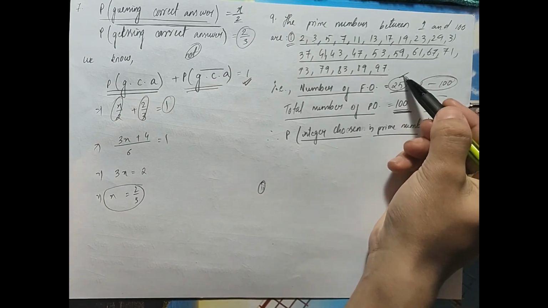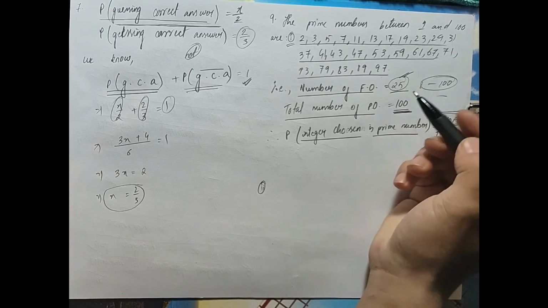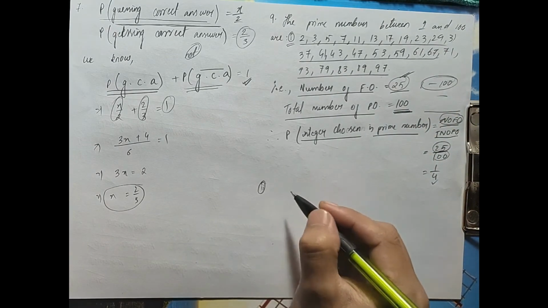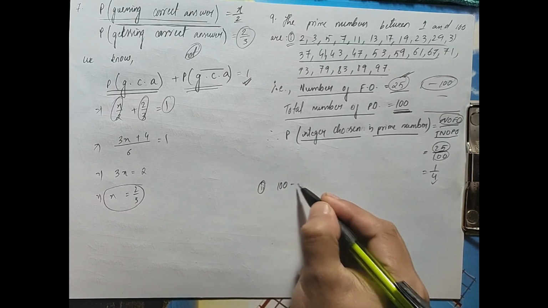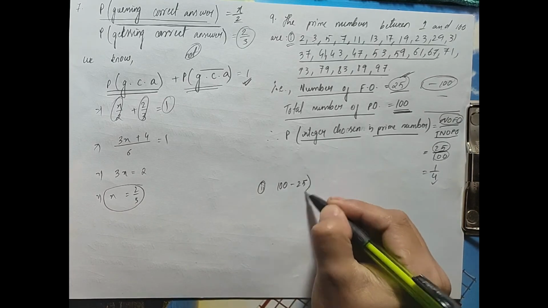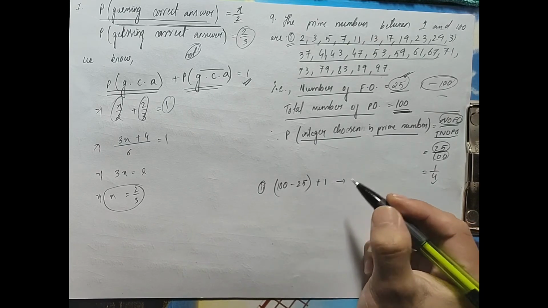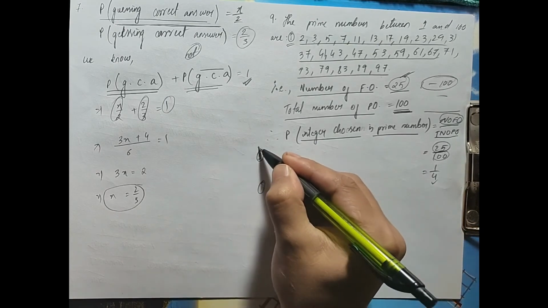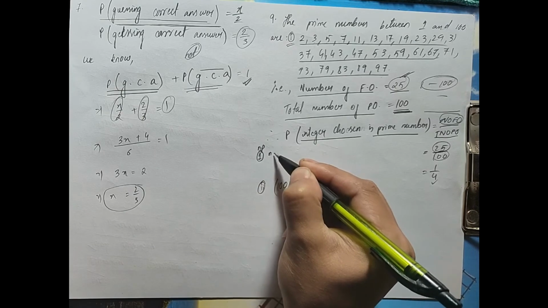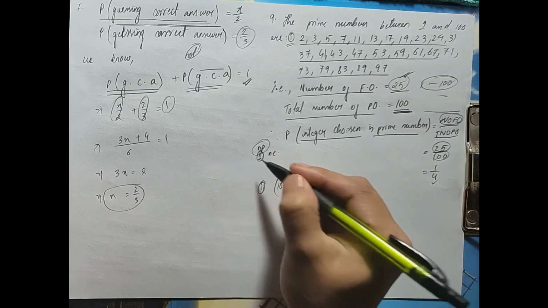Now if there are 25 prime numbers, then there has to be 100 minus 25, okay, minus 1 composite numbers, because this 1 is neither prime nor composite. Okay, so we can't count this.